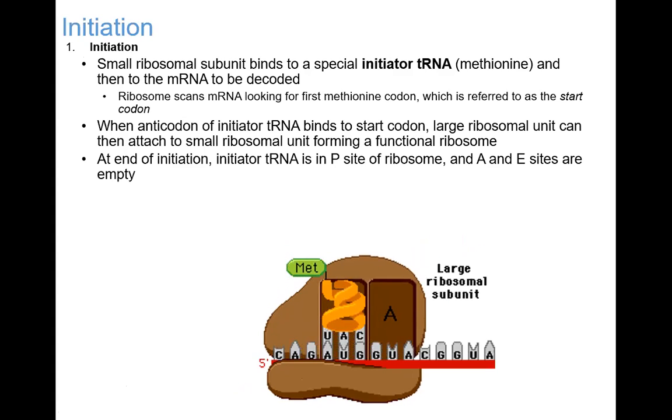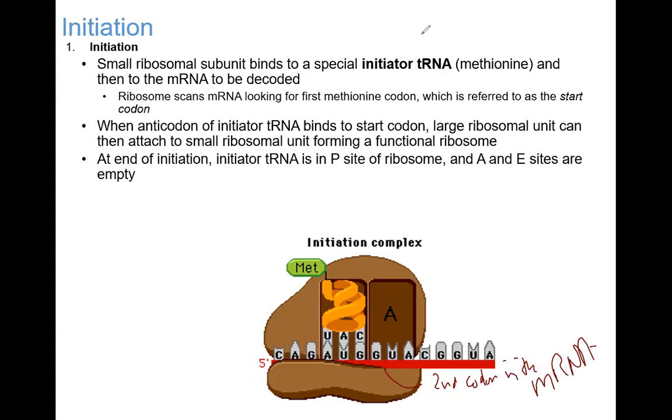Now notice that here at the second space, the space available, this is the second codon in the mRNA. Now, the second codon is GUA.